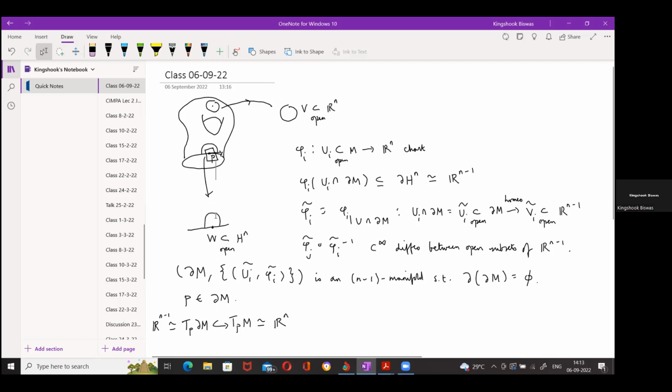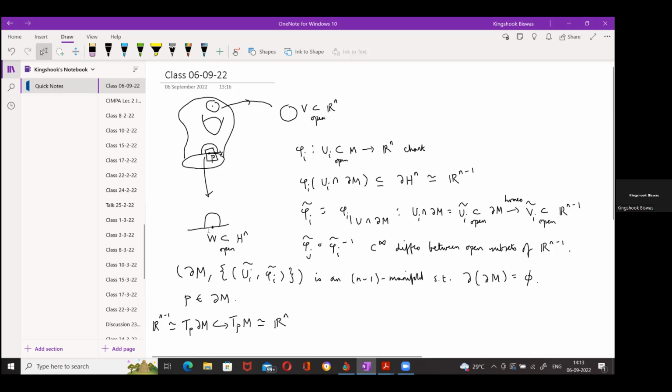So instead what we can do is look at functions which are smooth in the sense that we defined last time. Smooth near P means that they extend locally to smooth functions in a neighborhood of P. And this is how we defined a function on the closed upper half space to be smooth, right?